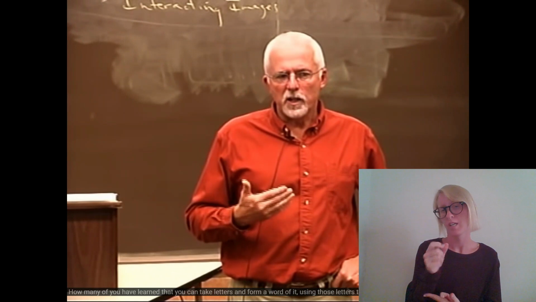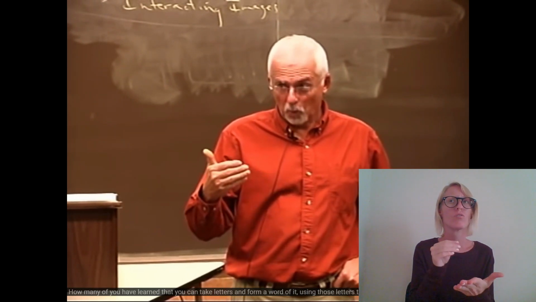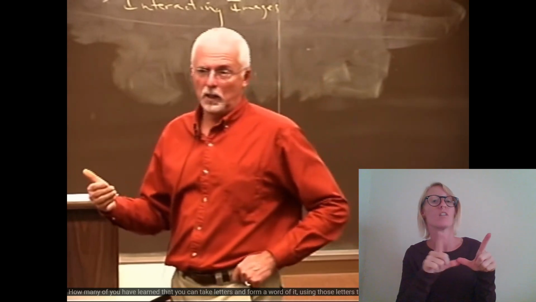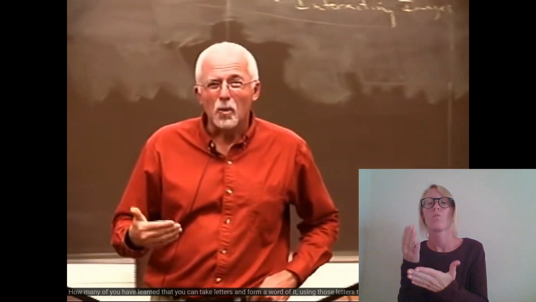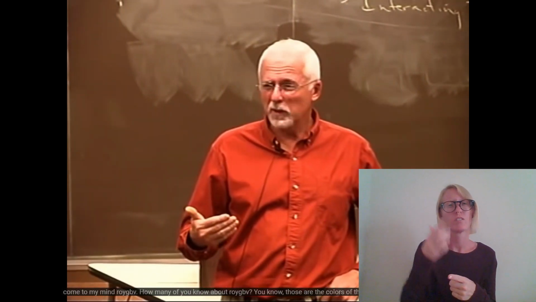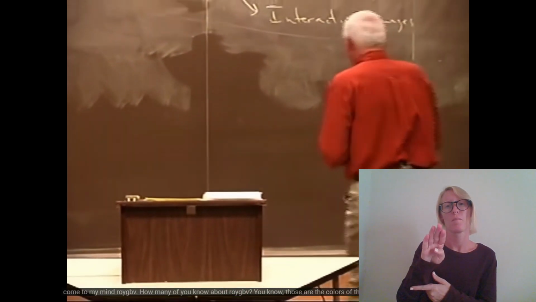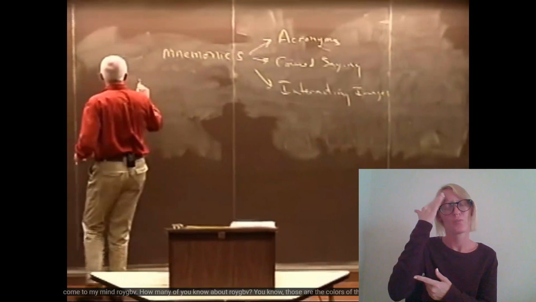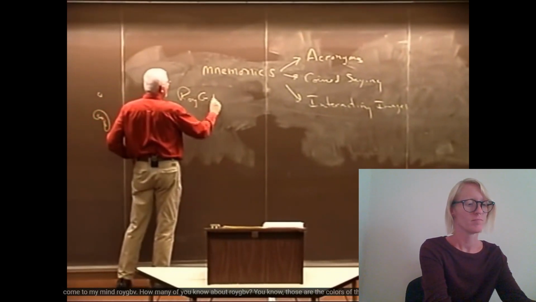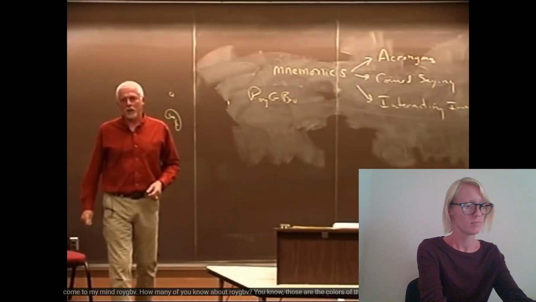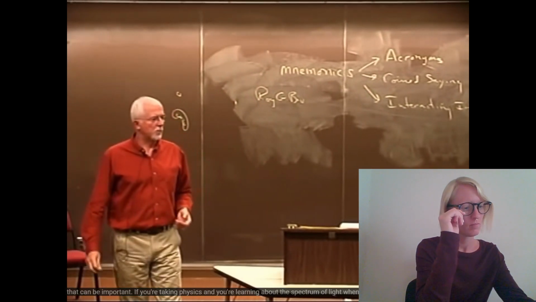How many of you have learned that you can take letters and form a word of it, using those letters to remember certain facts? One that comes to my mind is Roy G. Biv. How many of you know about Roy G. Biv? Those are the colors of the rainbow. Now, if you're in an art class, that could be important.